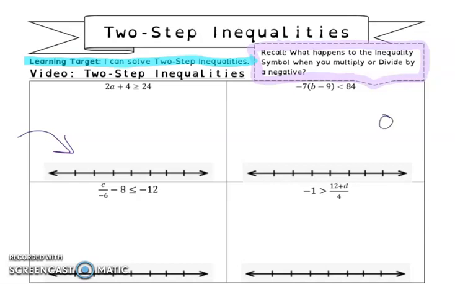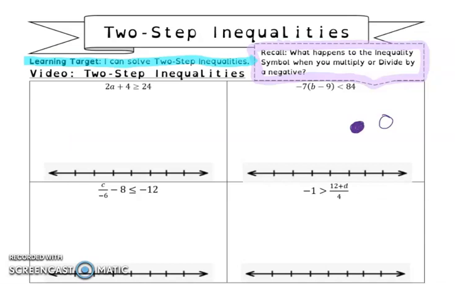So if you need to pull open your notes from one-step inequalities, because that's where that chart is for what type of dot we have, then I would go ahead and pull that open, give yourself a little bit of a refresher, and then come back to this. Okay?